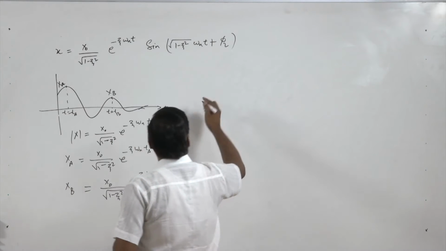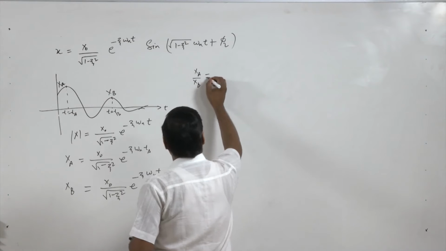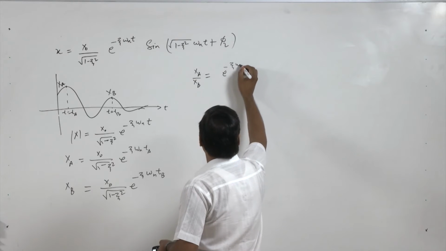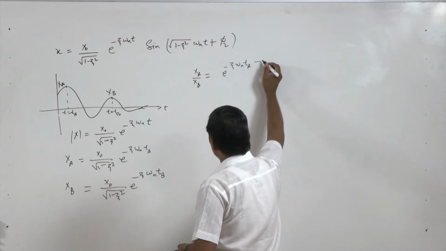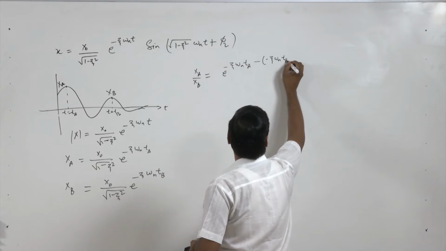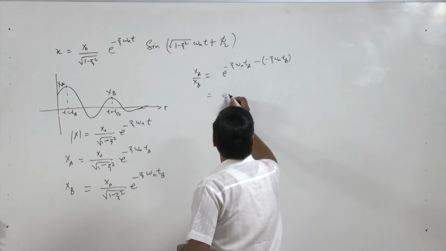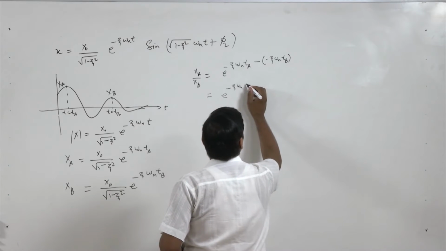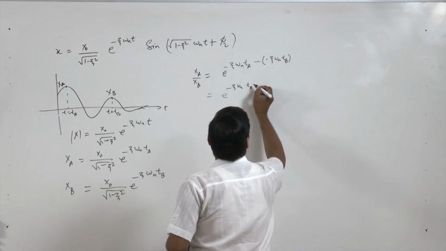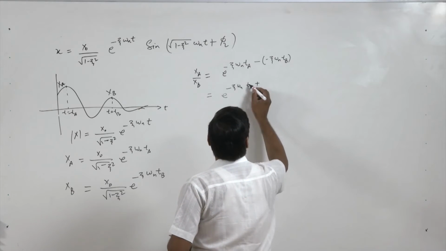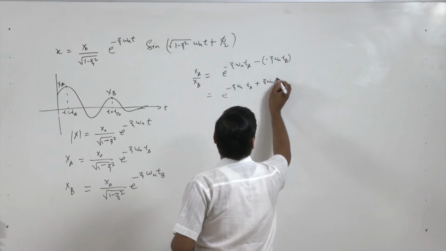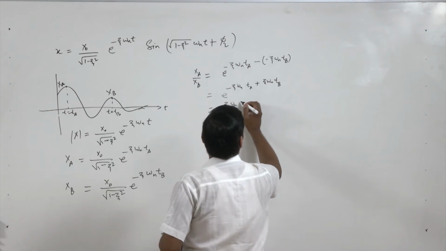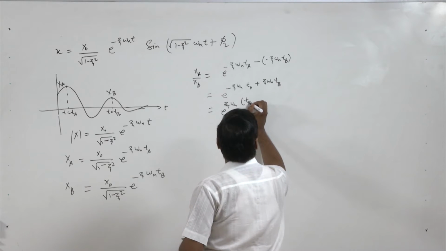Now we put xa by xb. The common terms cancel out, and we have exponential of minus zeta omega n ta minus minus zeta omega n tb, which equals e power zeta omega n into tb minus ta.